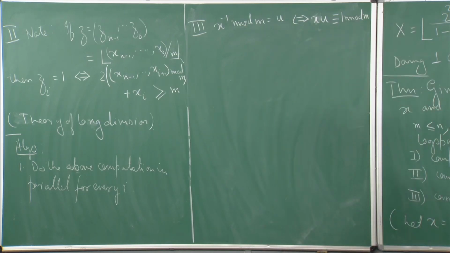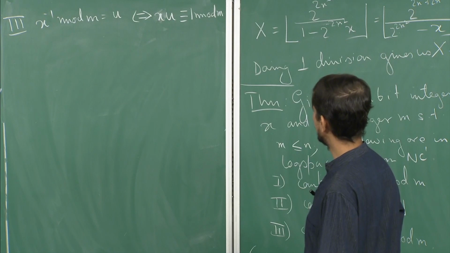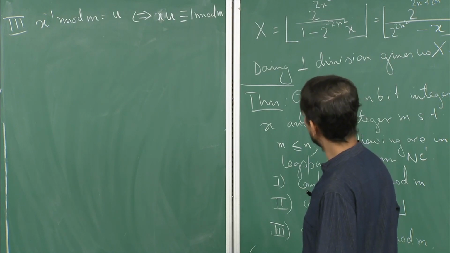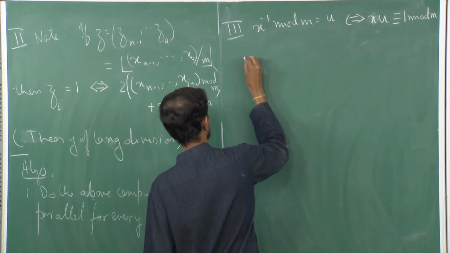So I want to output u over here, u is at most m. So I just do this check in parallel.